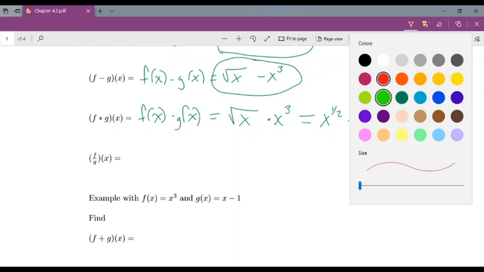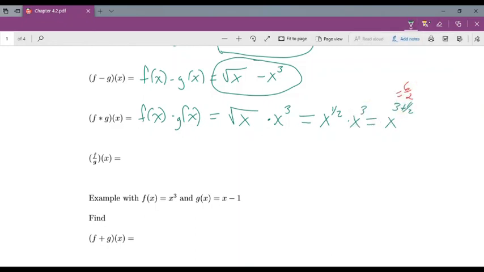So what you get is x to the 7 over 2, and it's that simple.